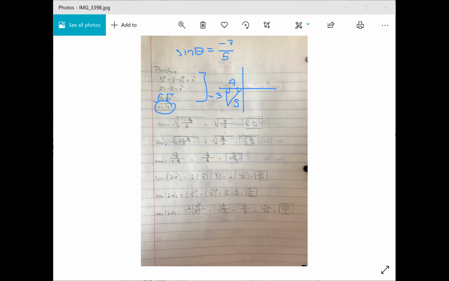And now you can basically just plug everything in. So you know that sine is going to depend on that. Just one tiny note: whenever you are finding sine, cosine, and everything, just write whatever you are looking for. So this would be sine of alpha over 2.